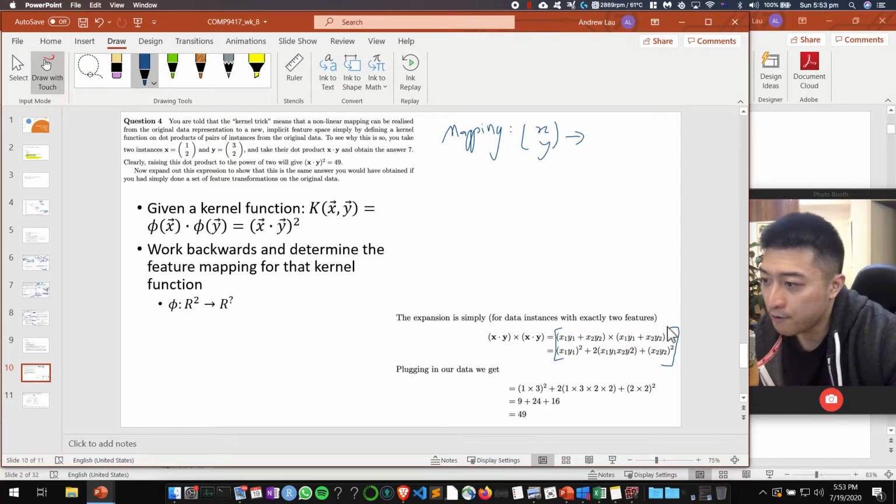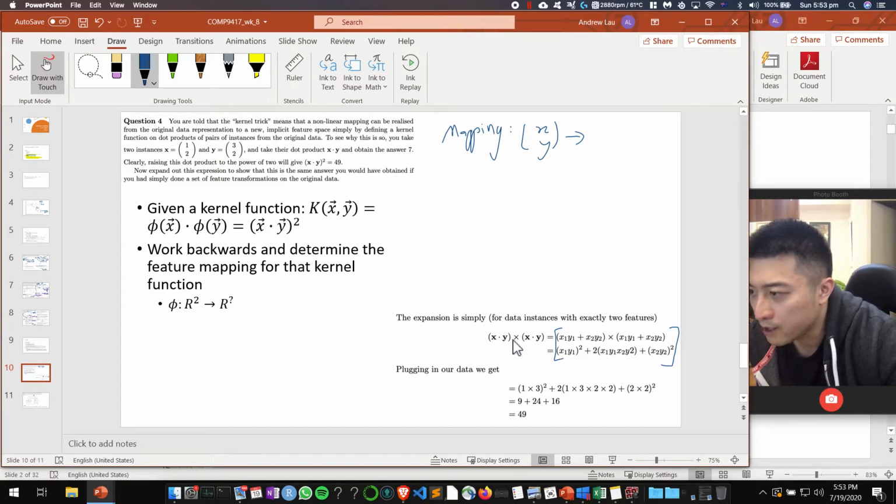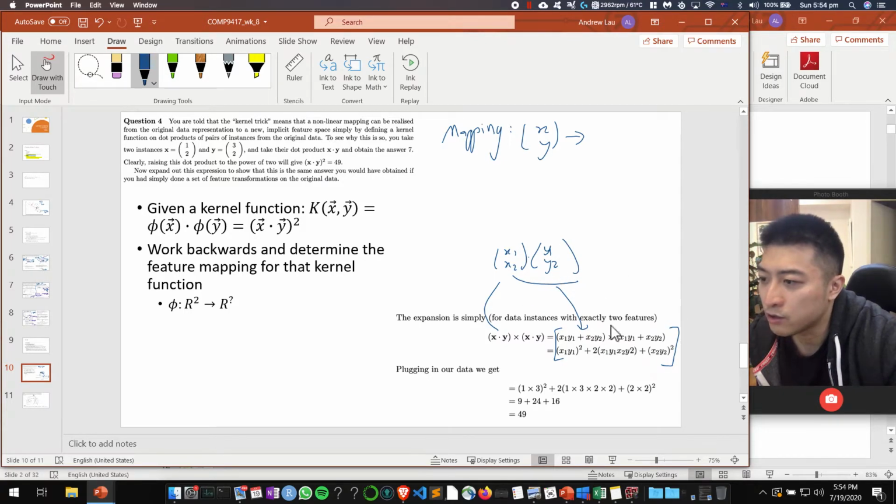So if we were to expand it out, it would look something like this: the dot product x1, x2 dot y1, y2, which of course becomes x1 y1 plus x2 y2, right? And you multiply the rest out accordingly.